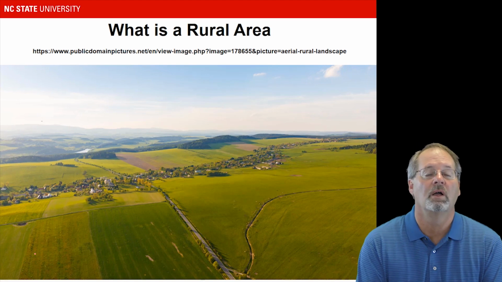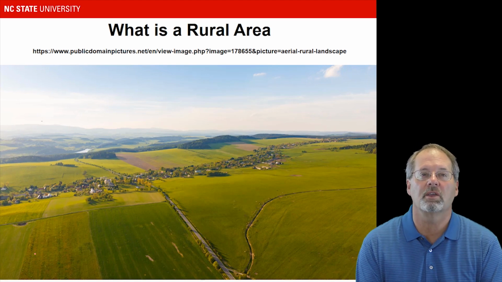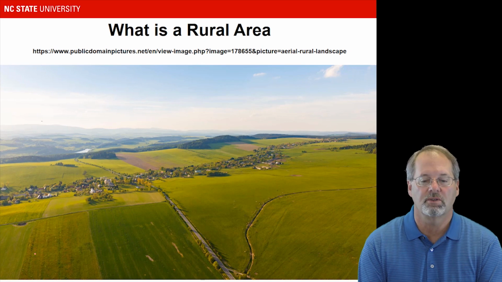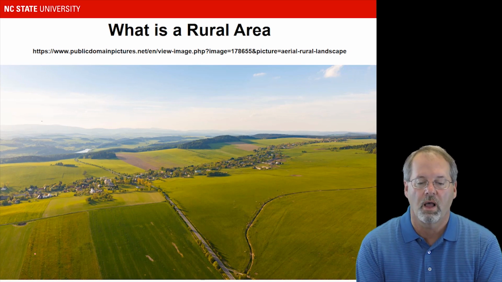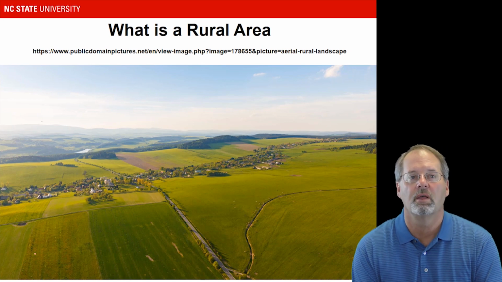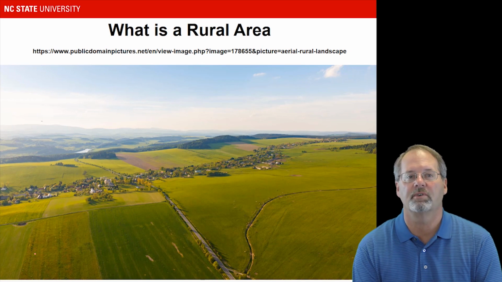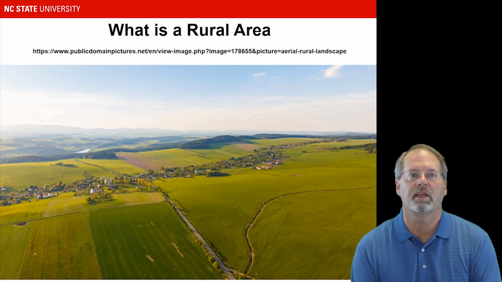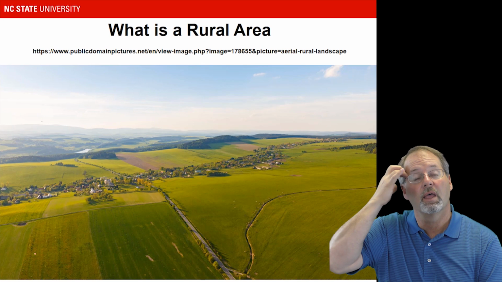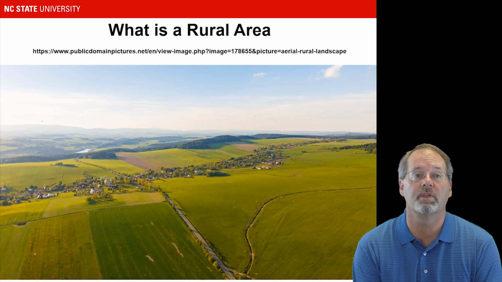All right, now another nice thing to do when we're defining rural areas is to see pictures and images. So this first one is important because it shows, first of all, that rural areas can have cropland, then they can have mountains and hills with forests, and there are also people that live within the rural area.